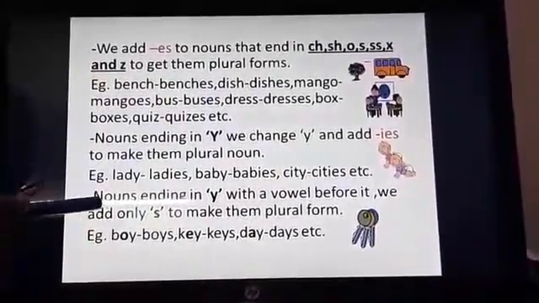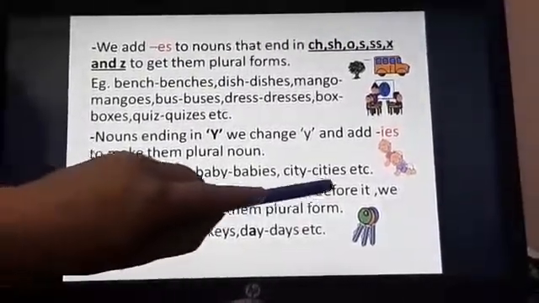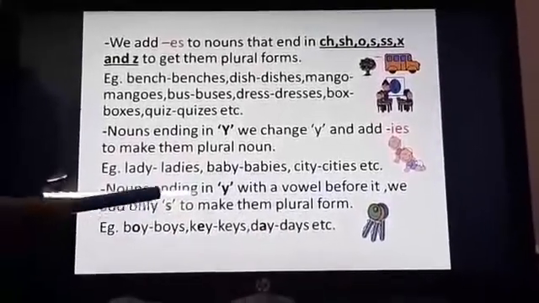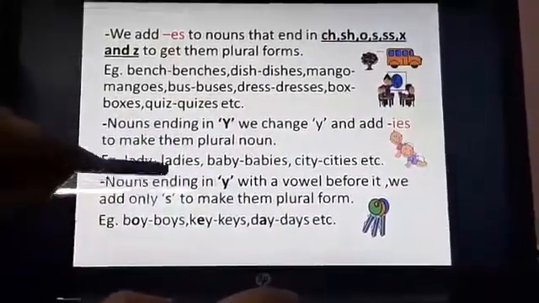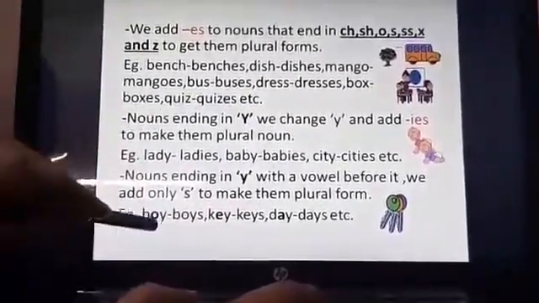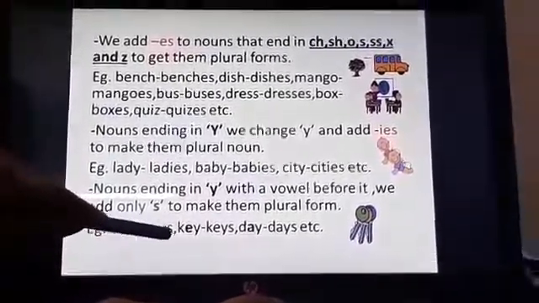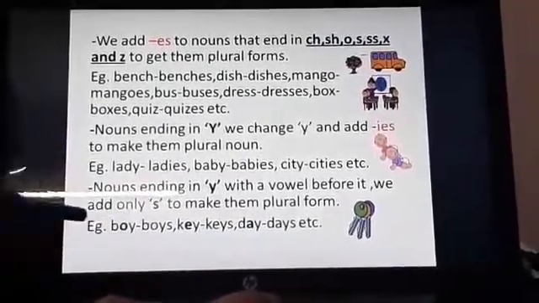Now the third rule, nouns ending in y with a vowel before it, we add only s to make them plural. If the noun is ending with y but before that y there is a vowel, we will only add s to the noun.